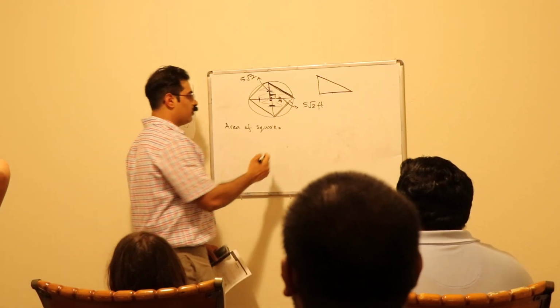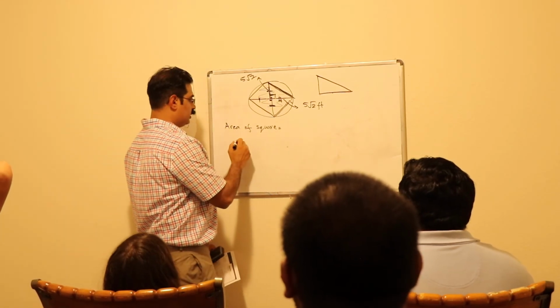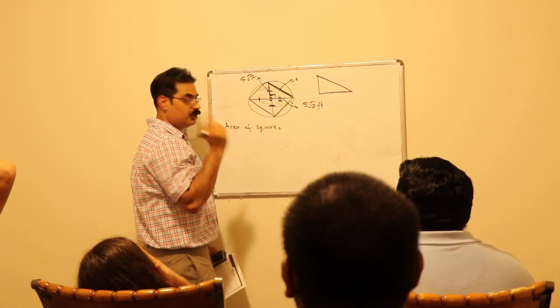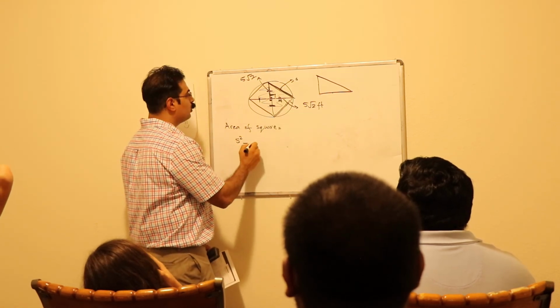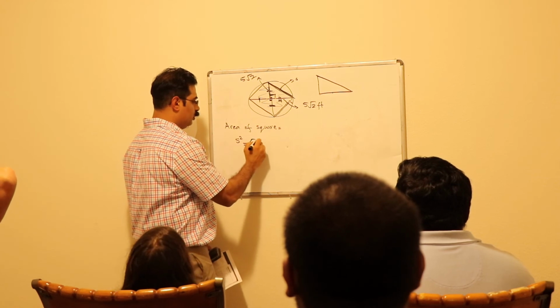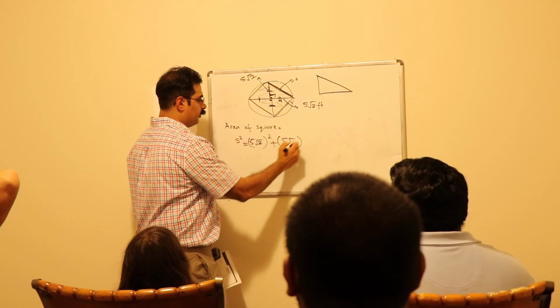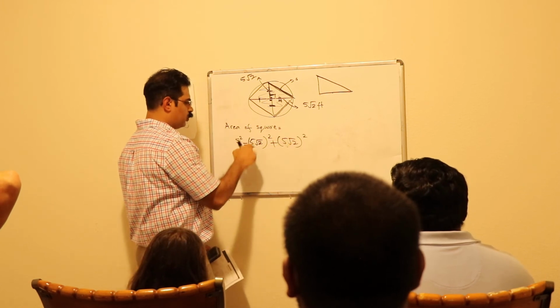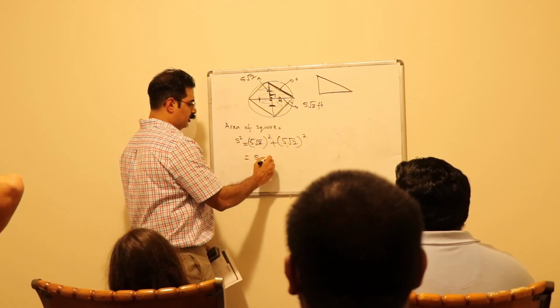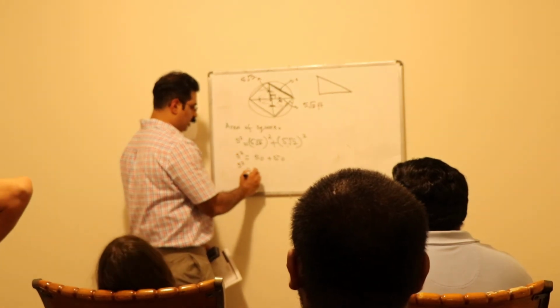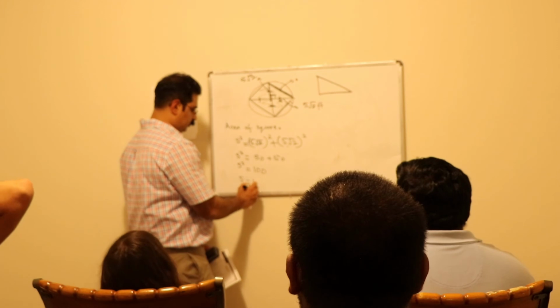I'll call this side S. So S squared is equal to 5 square root of 2 squared plus 5 square root of 2 squared. When we square this, you will get 50. So S squared is equal to 100. What should S be? That's 10.